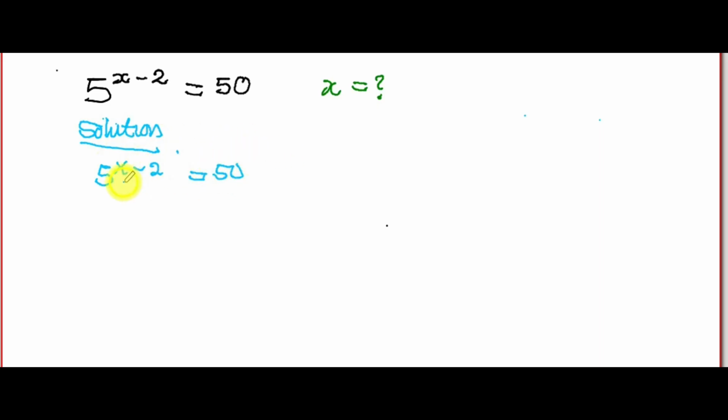Right. So here, let's look at this indices rule. If you have a raised to the power m minus n, it is equal to a to the power m divided by a to the power n, which equals a to the power m over a to the power n, right?